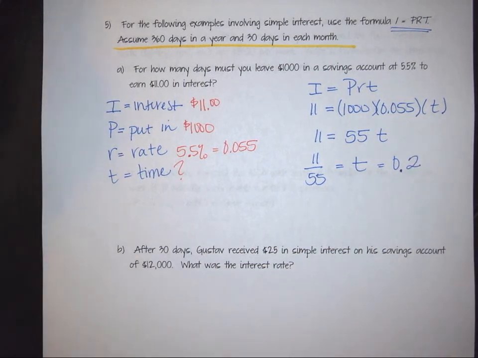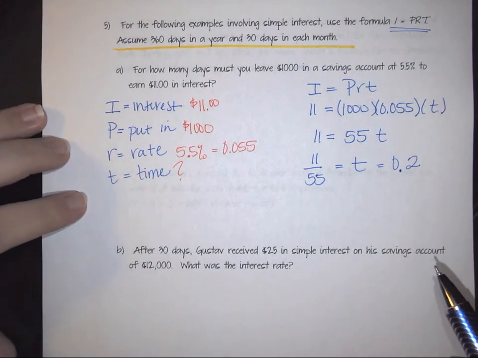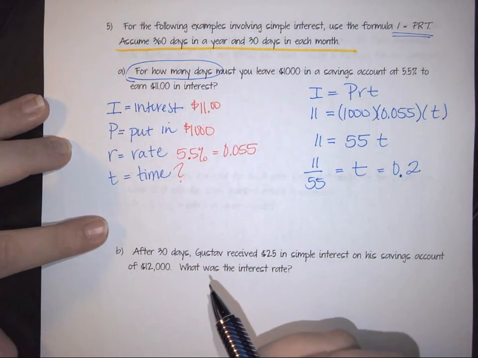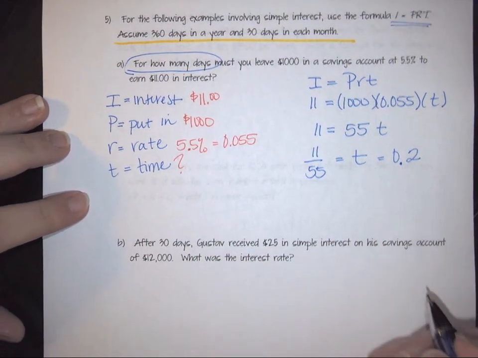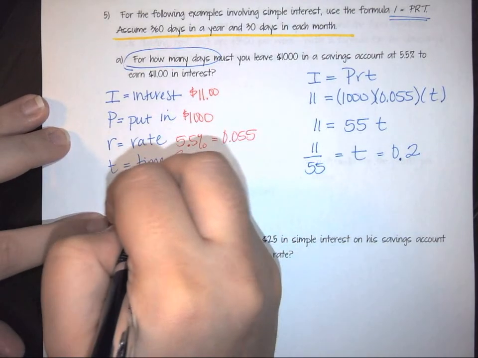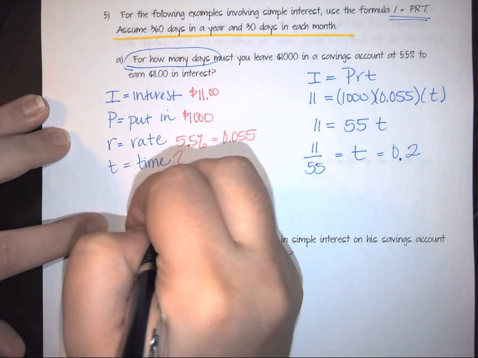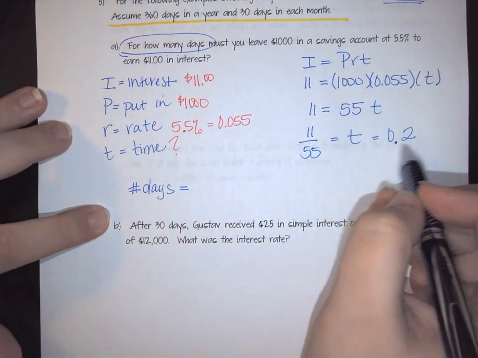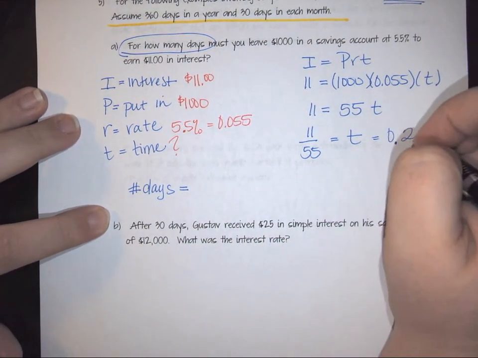Now we need to know how many days, because that's what the question was asking. For how many days? So the way we figure that out is we know that to find my number of days, I have to take this, which is years.